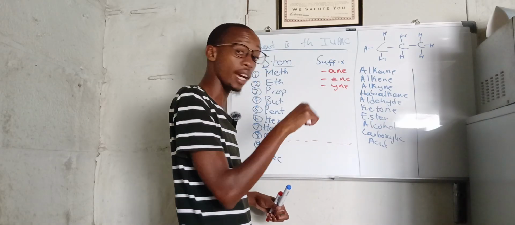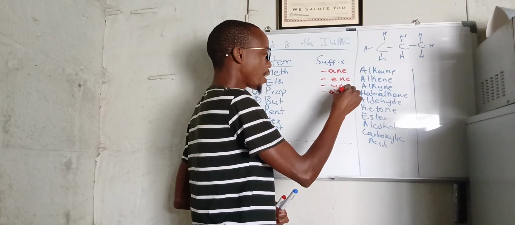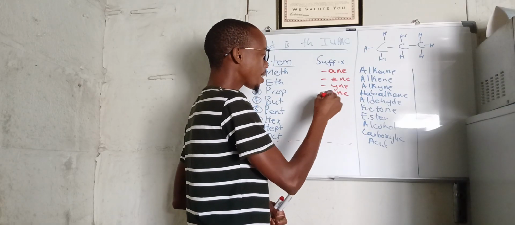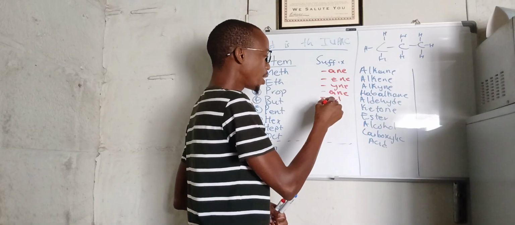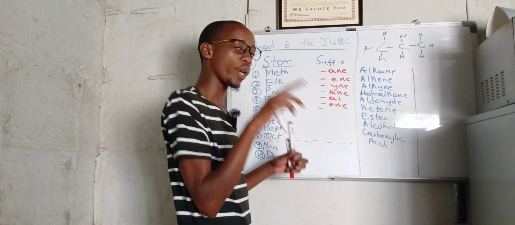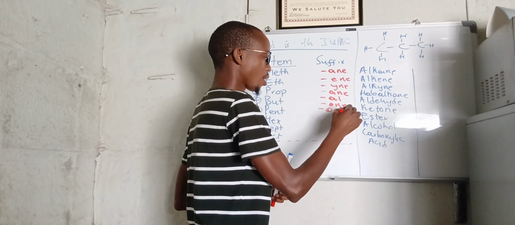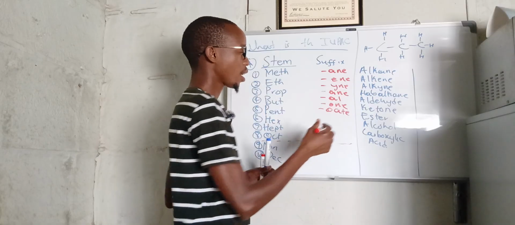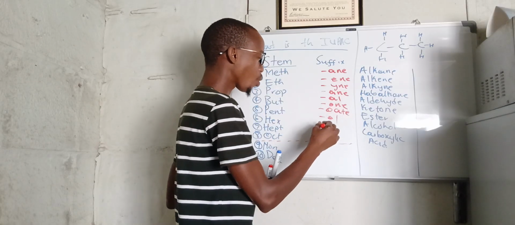Haloalkane is ane, like alkane. And then aldehyde is al. Ketone is one. Ester is oate, pronounced like weight. And then alcohol is ol. Carboxylic acid is oic.